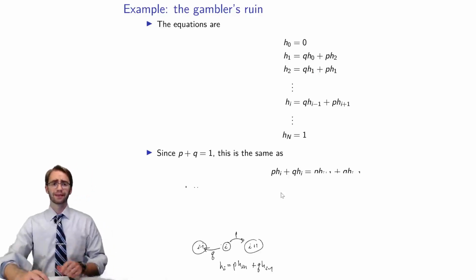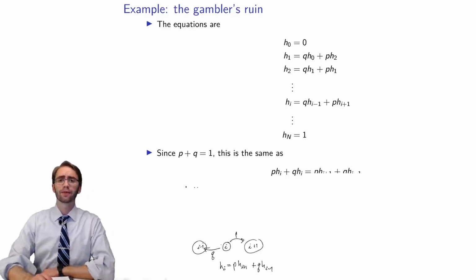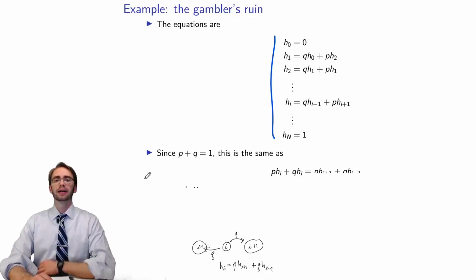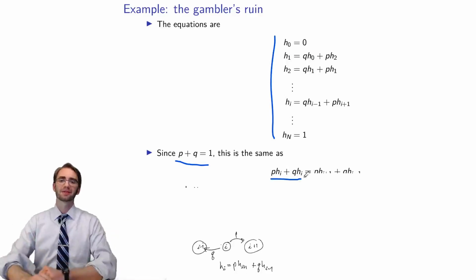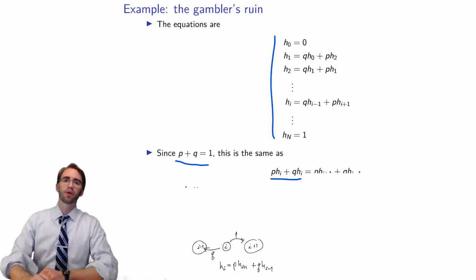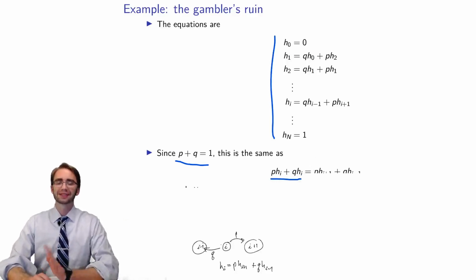Okay, that's the system that comes from that, and you do this for every I, except for H naught and H N, where you've got a 0 and a 1. Since P plus Q is equal to 1, I can write that H I is equal to P H I plus Q H I. Or I could just shuffle this again, just doing boring old algebra.